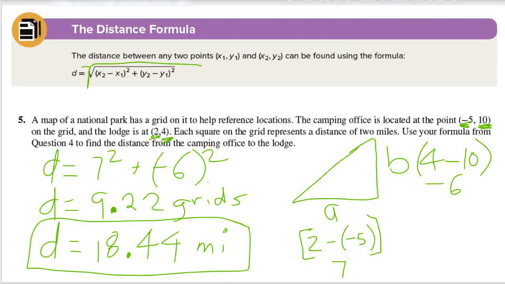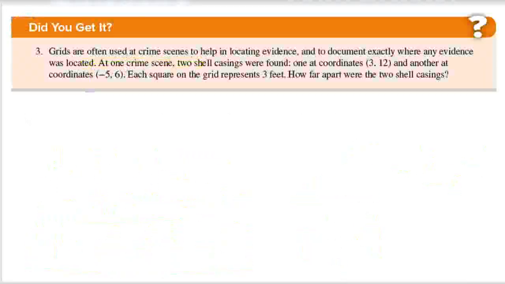You have to do everything under what we call the radical before you do anything else. So you do the square root last because it works like parentheses. Anyway, nothing wrong with that. If you did that, that's fine.